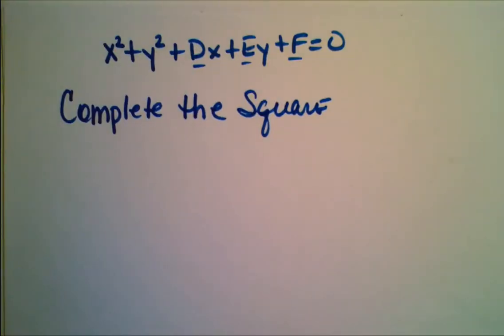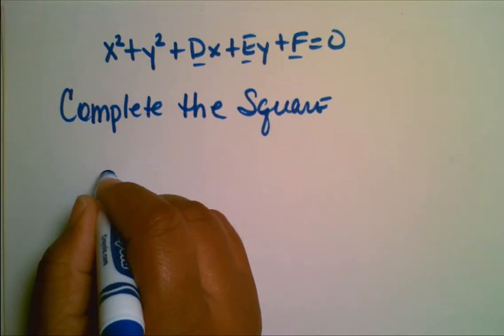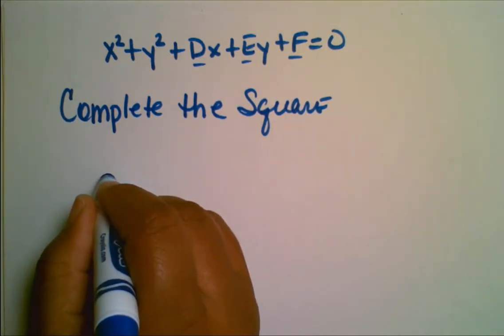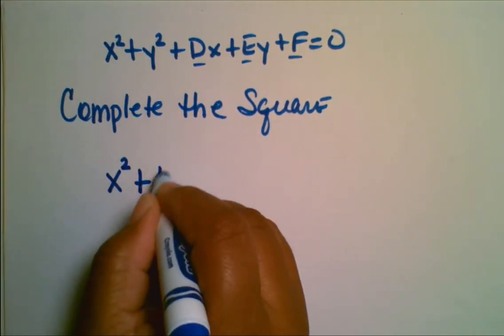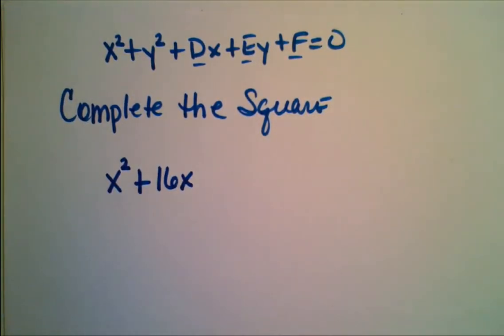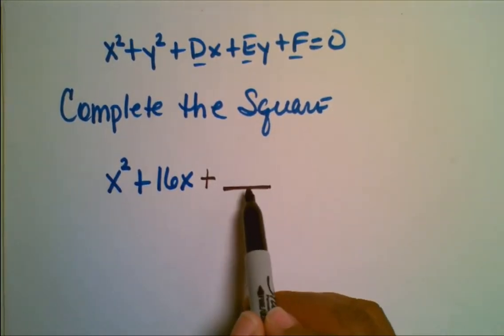Now, we did a little bit of this earlier in the semester, but just as a refresher, let's say I have the binomial x squared plus 16x, and I want to make this binomial into a perfect square trinomial, meaning I want to go from two terms to three terms. We do that by completing the square, finding a third term.